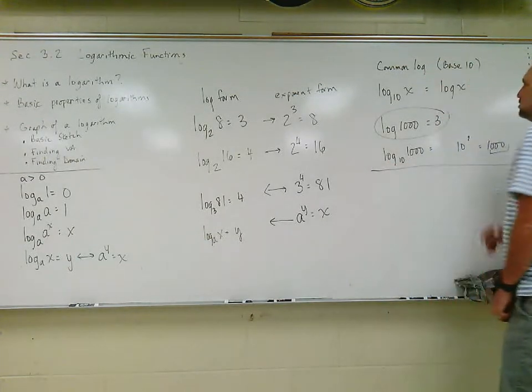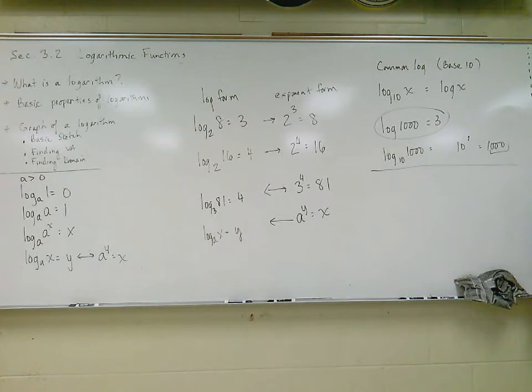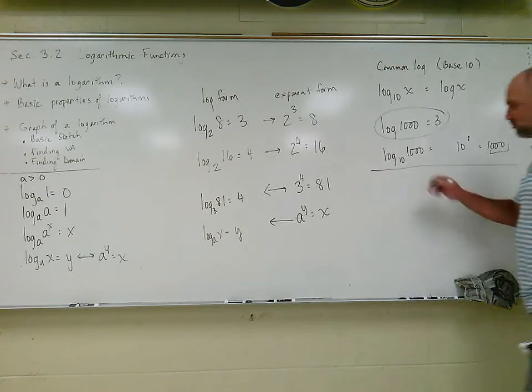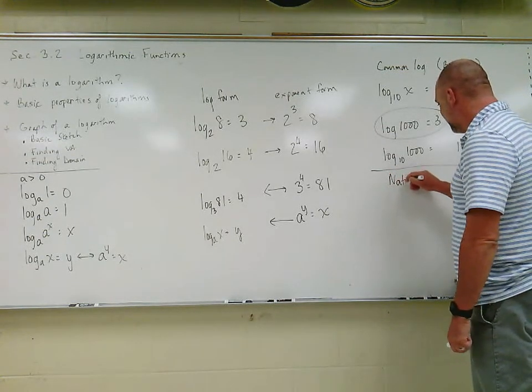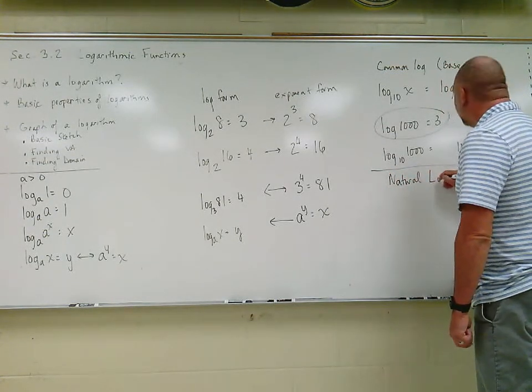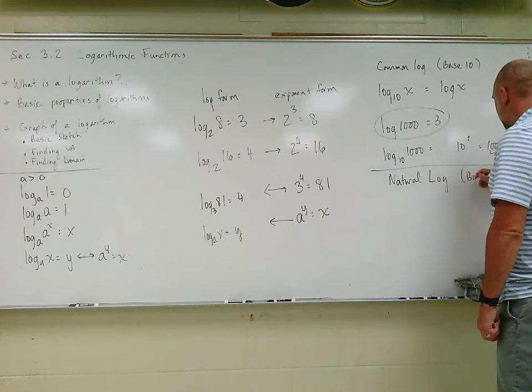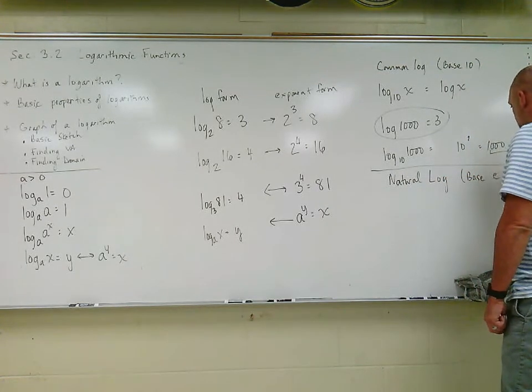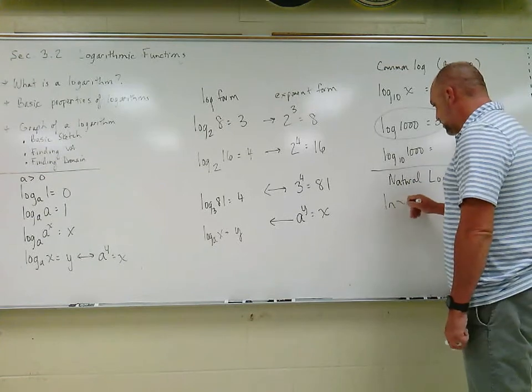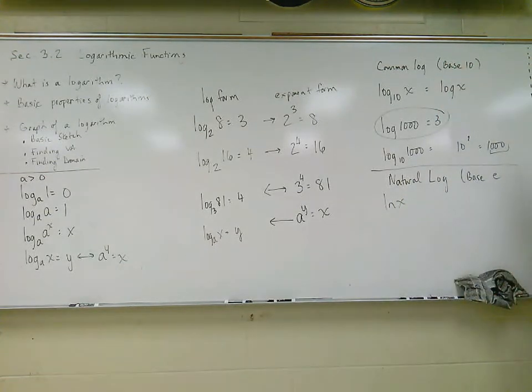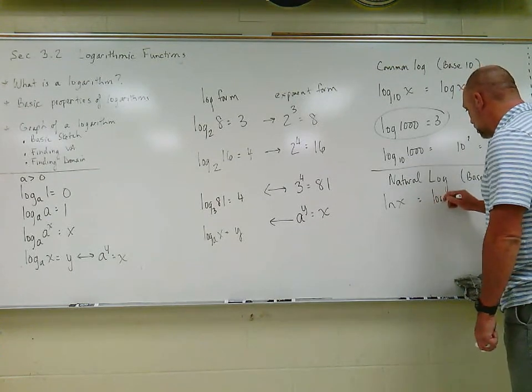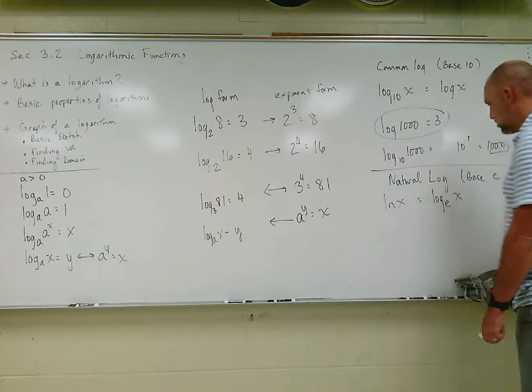Who knows the other log that has the base understood? Okay, good. That's a great answer. Natural log. Base is E. So if you see ln of x, it's written ln, that stands for natural log, and that's the same as saying log base E. Okay?